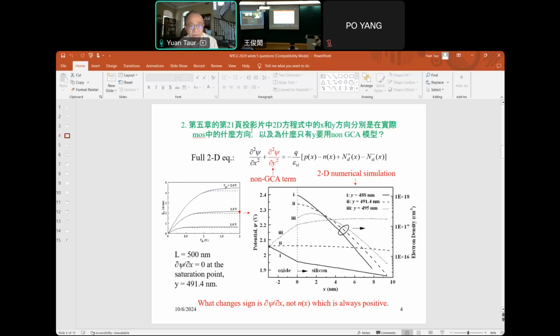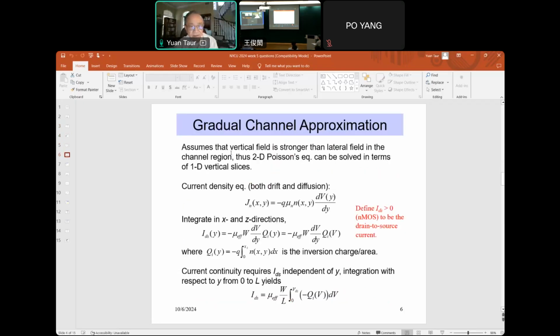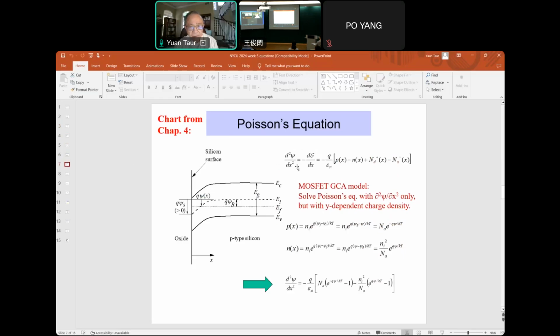So for the GCA model, there is no y curvature term. For gradual channel approximation, GCA, the 2D Poisson equation is solved in terms of 1D. In other words, we remember that in chapter 4, we solved MOS, that's 1D.